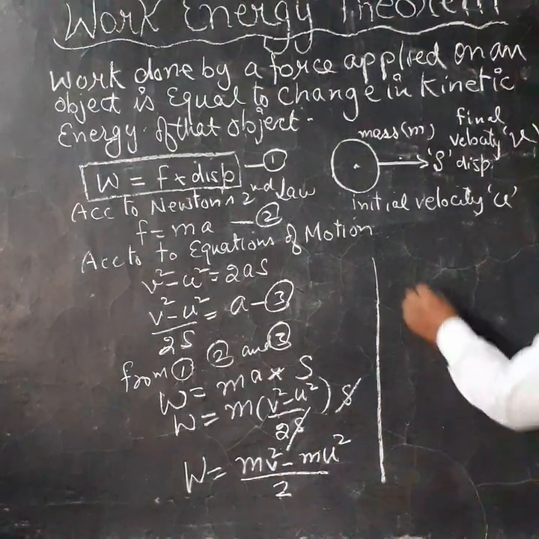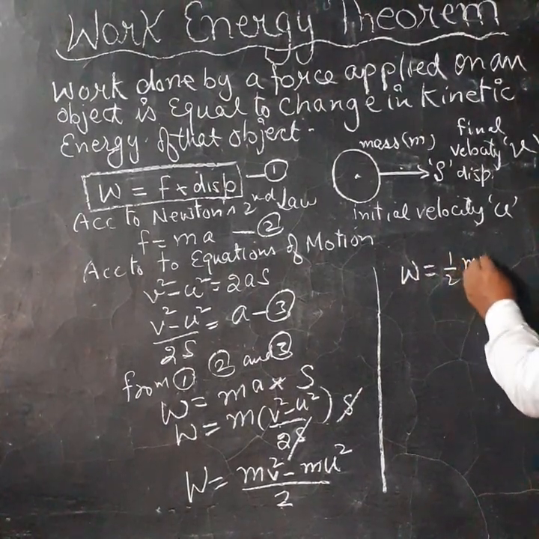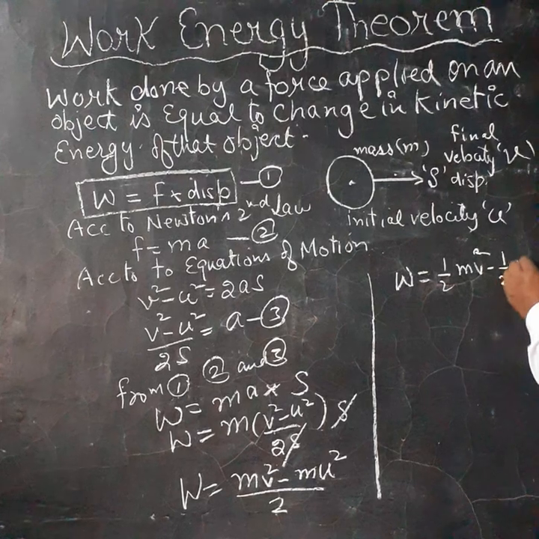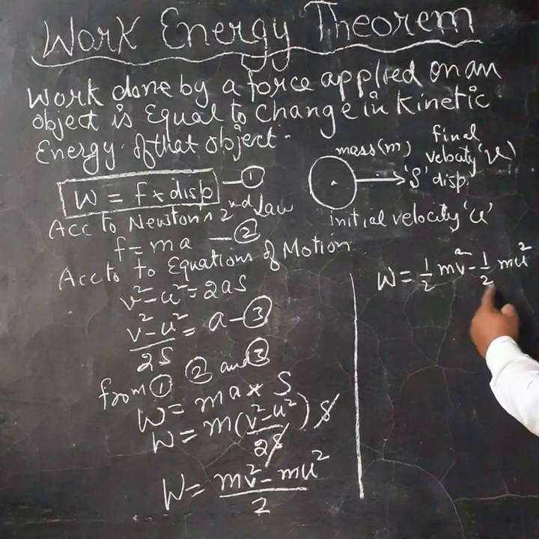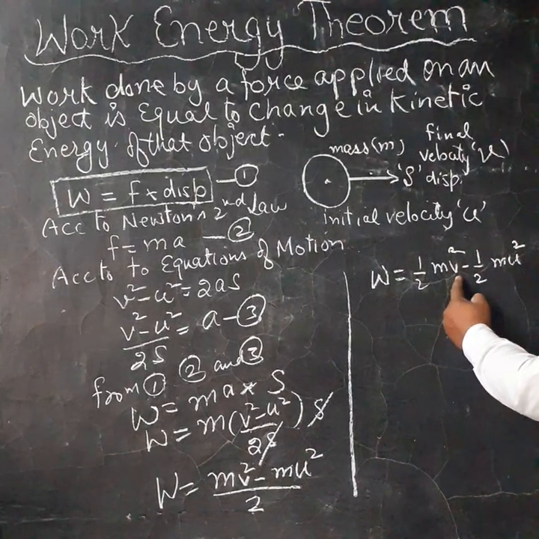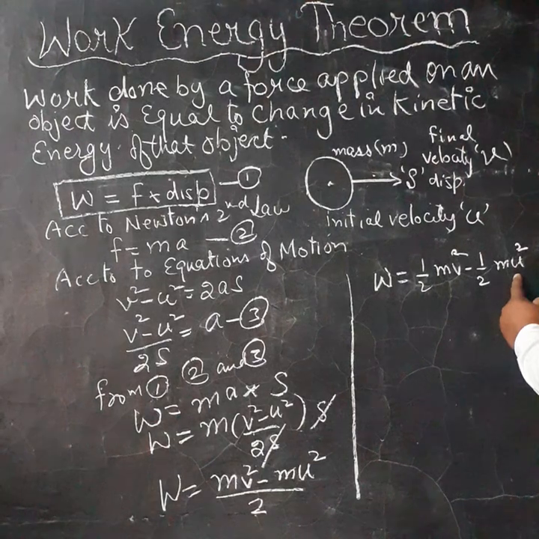Now finally we will get m v square minus m u square over 2. So now work done is equal to half m v square minus half m u square. That means we have split the value. V is the final velocity and u is the initial velocity.